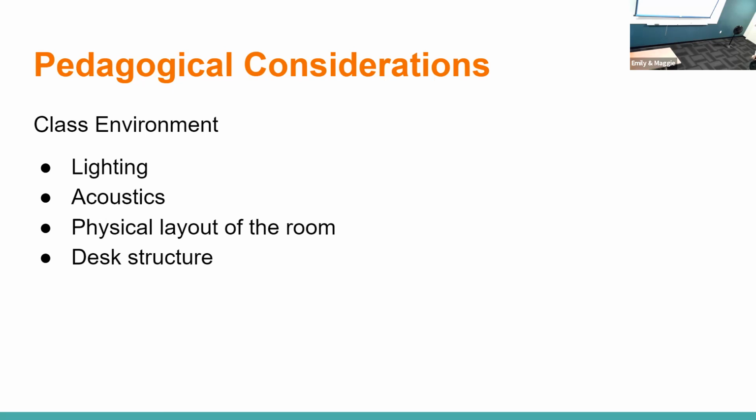If we think about, and these are things that unfortunately we don't have a lot of control over, right? But if we have enough manpower, we can start making arguments for the way spaces are renovated and organized for students, right? So fluorescent lighting, not so great. Think about the acoustics of the room, right? And how that can impact a student's ability to focus.